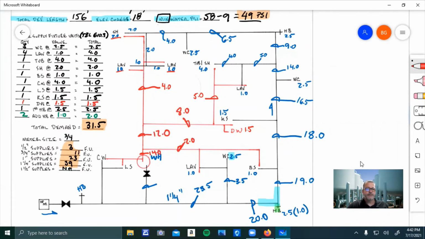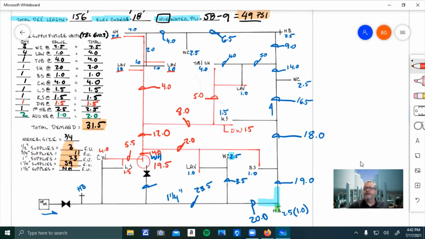which makes this little piece right here 14, right? I have my clothes washer, that's 4 fixture units. My laundry sink, that's 1.5. So this piece right here is what, 5.5? 5.5 and 14. I have a total demand at my water heater of 19.5 fixture units.